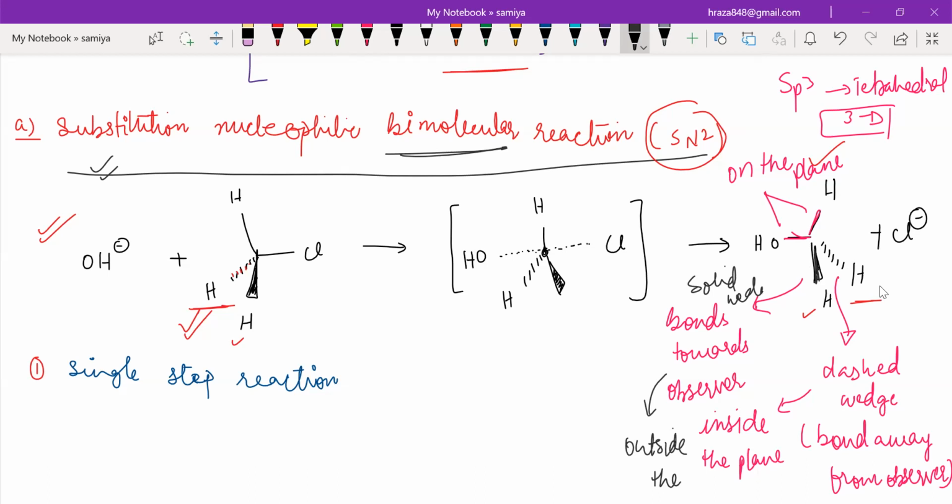And a dash wedge means the bond is opposite of you, that means inside the plane. Is that clear? Please write this and let me know.